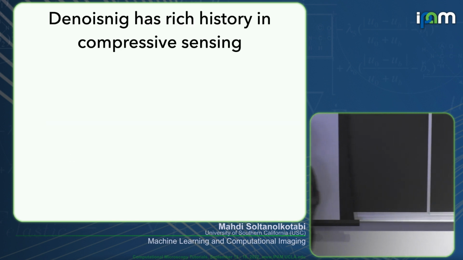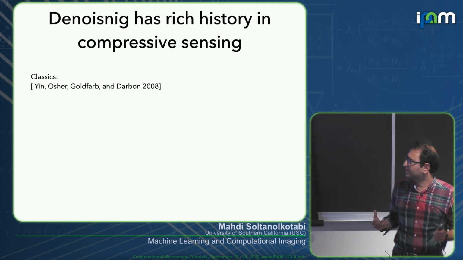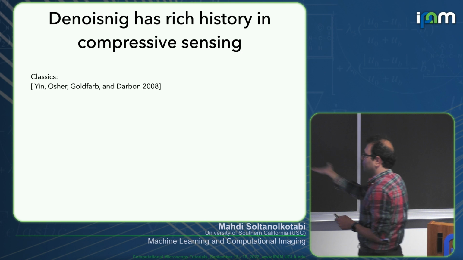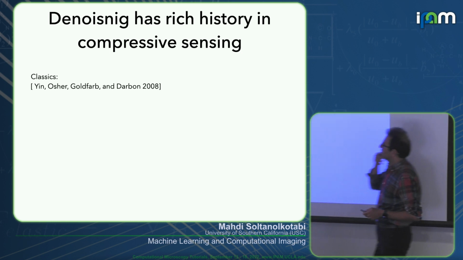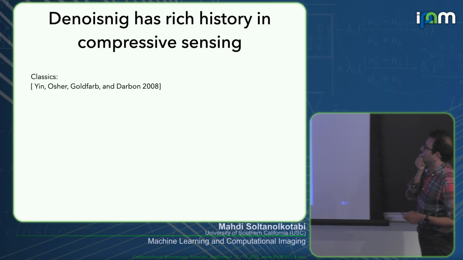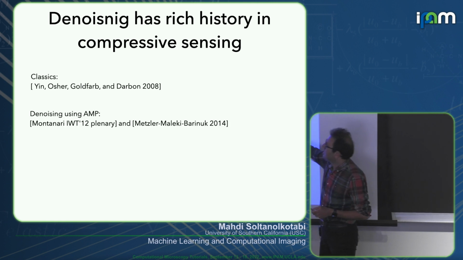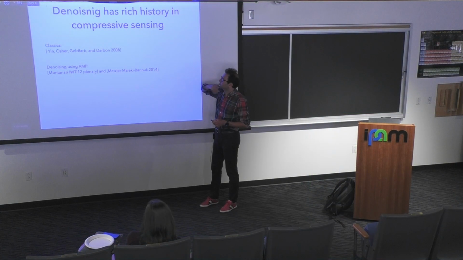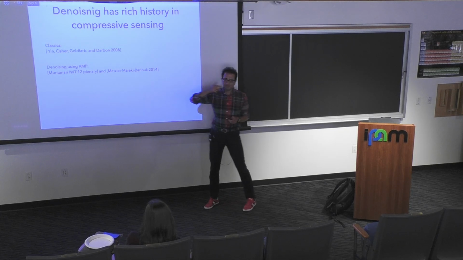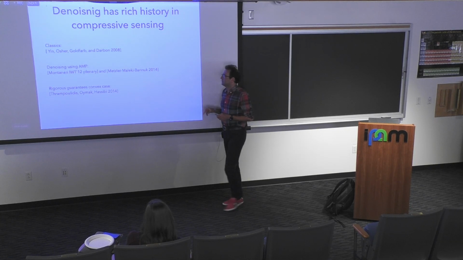It's a fixed denoiser. In fact, there is a rich history of doing this in compressive sensing. Again, we're at UCLA, so in the context of TV regularization, there's a lot of cool stuff done at UCLA. In the context of AMP, very nice work connecting denoising and compressive sensing. Theoretically, there has been a lot of nice work too.